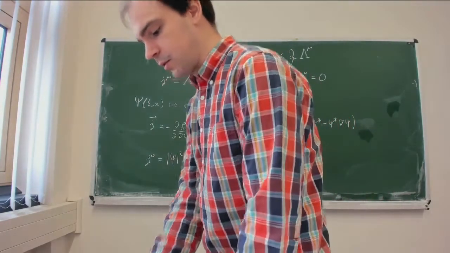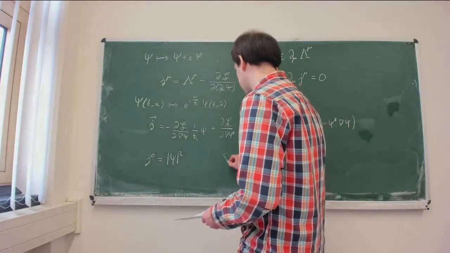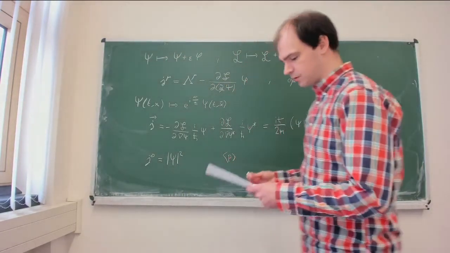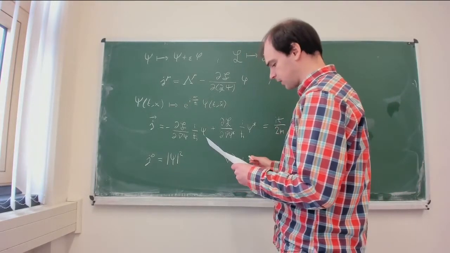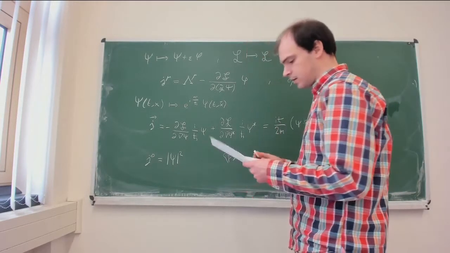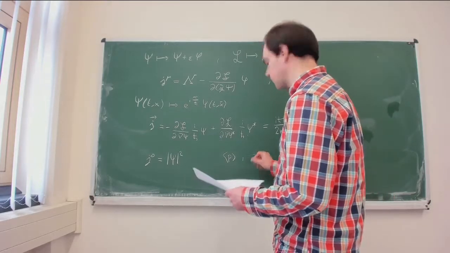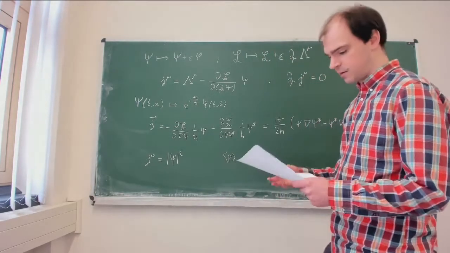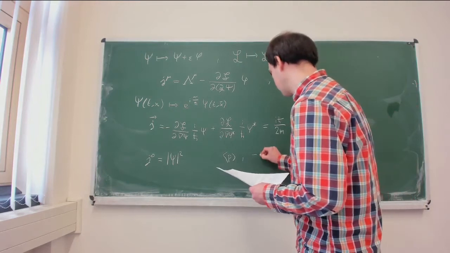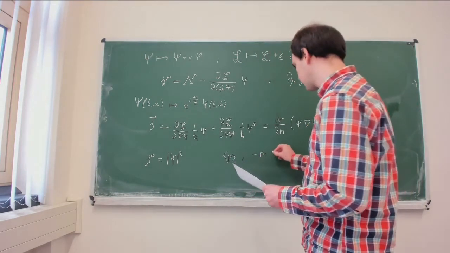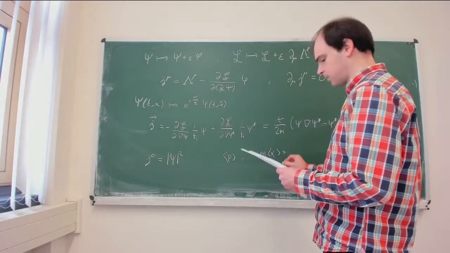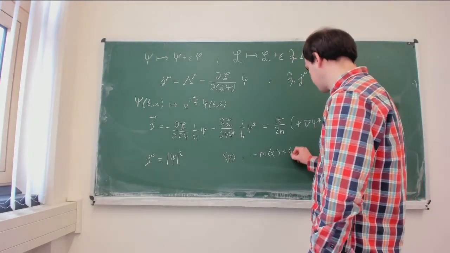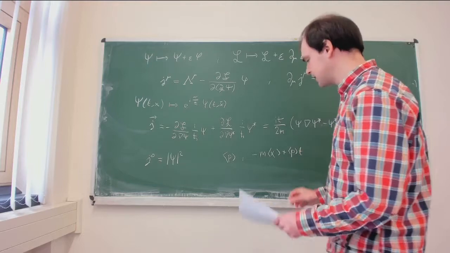And the conserved currents will give us the conservation of the momentum expectation value, the angular momentum expectation values, and will give us basically the Ehrenfest theorem, so will tell us that the classical trajectory is a conserved quantity, so minus m expectation value x plus expectation value p t.